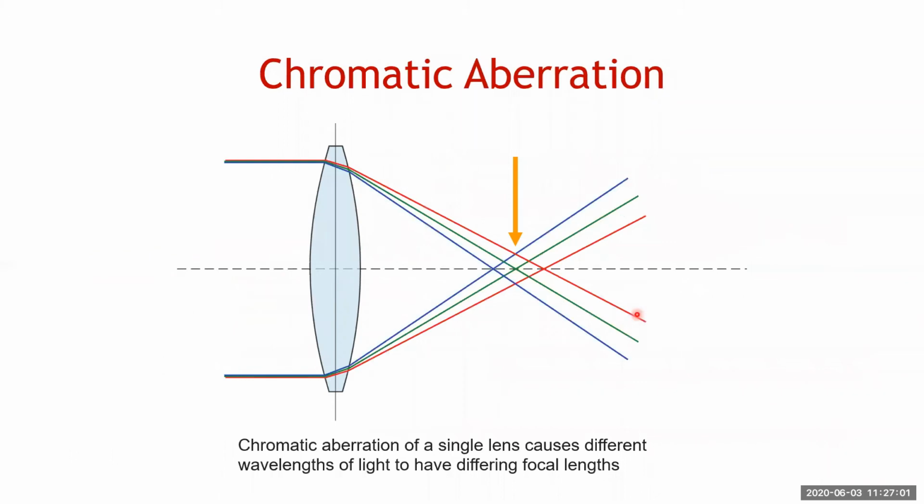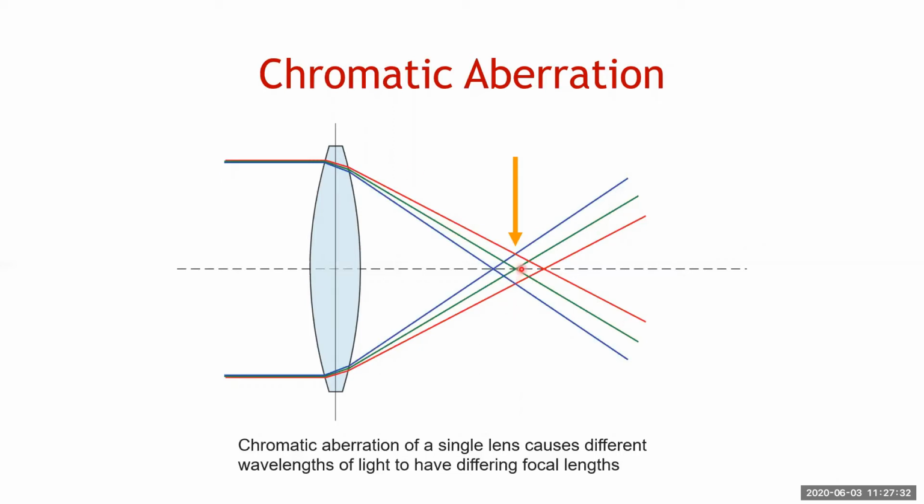The other type would be chromatic, and in the same way that there's no perfect focal point, now we're dealing with the different colors or wavelengths of light. This happens if you use a broadband light source with a lot of different wavelength content, or if you're using monochromatic lasers and firing in different lasers at the same time, and they don't all focus at the same point.